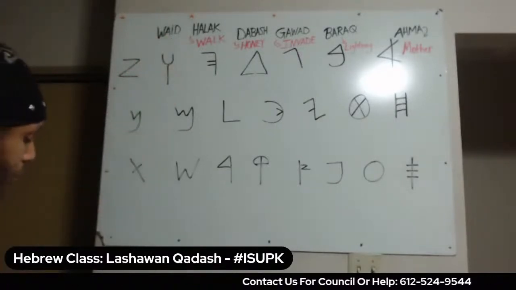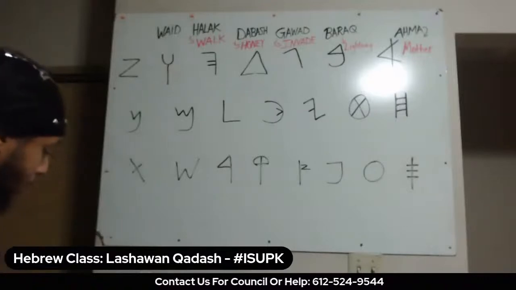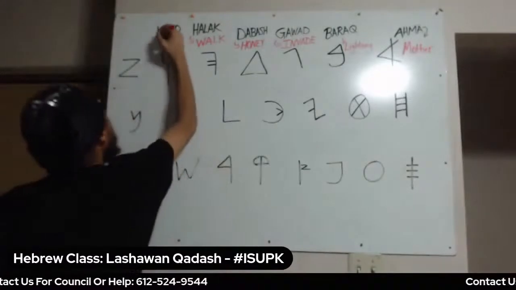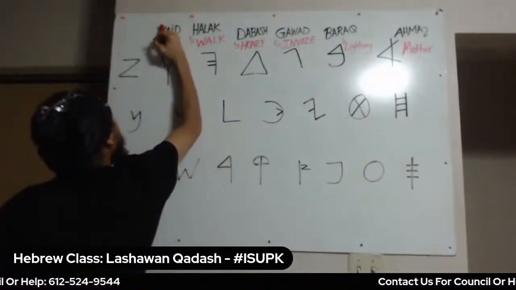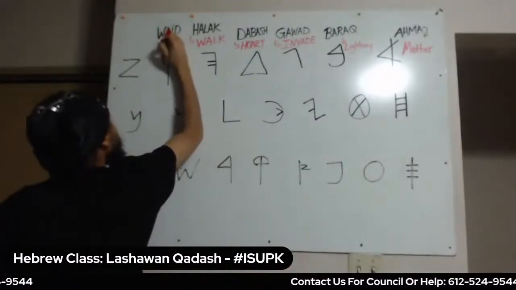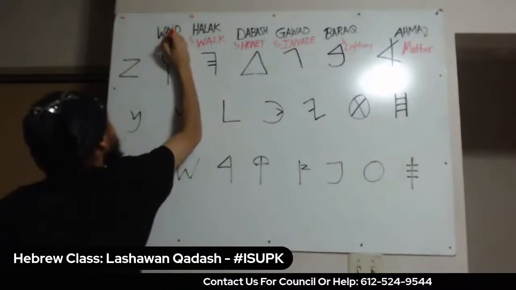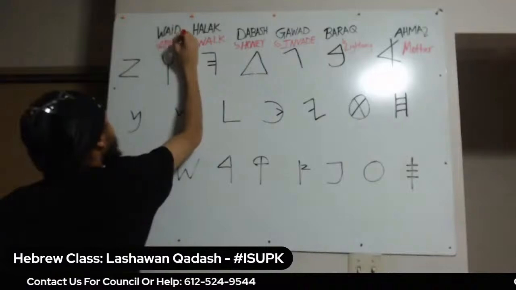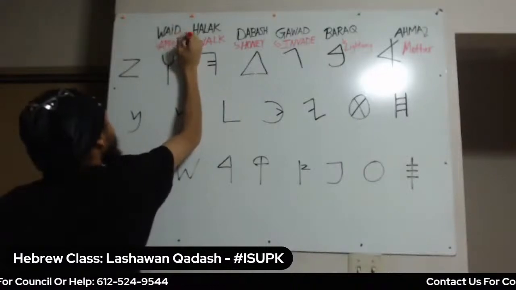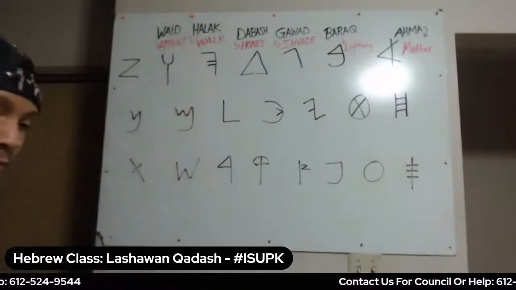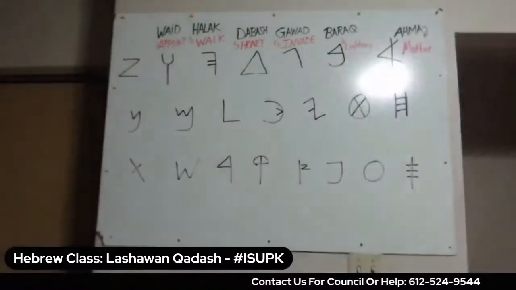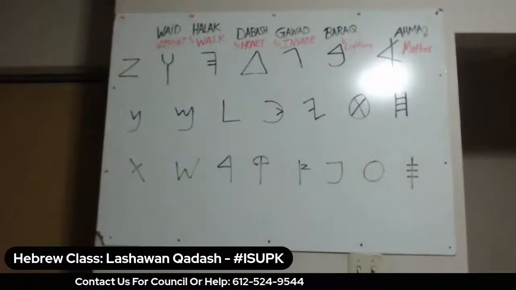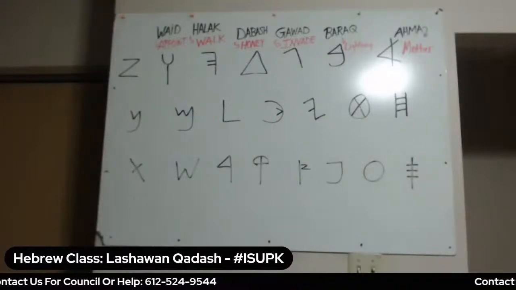Wa'id is the Hebrew word, and it means this right here. It means a point. Okay? A point. As in pointing to something.